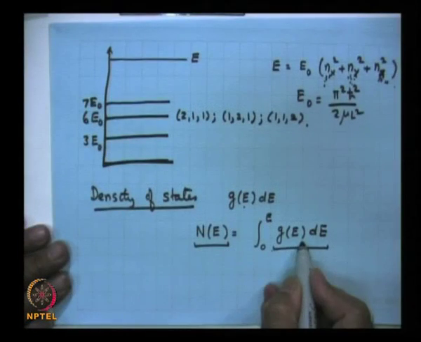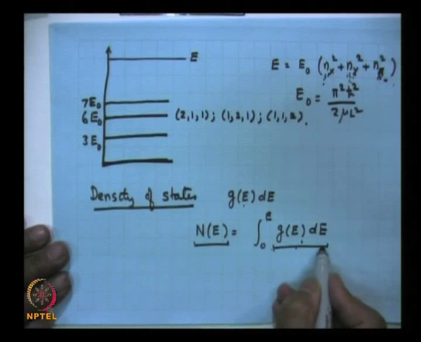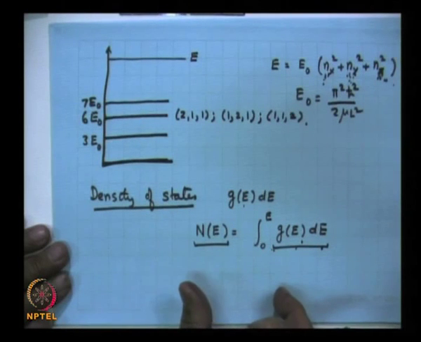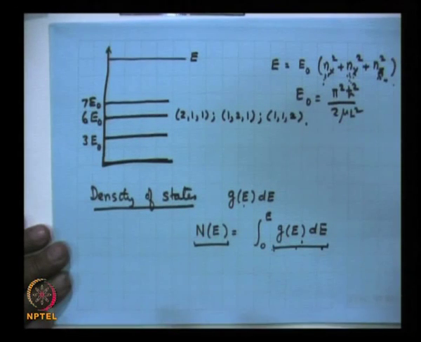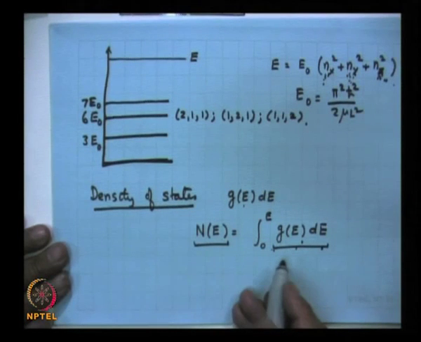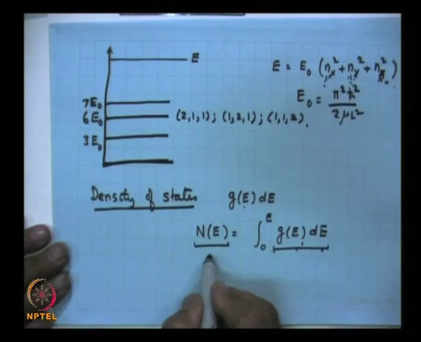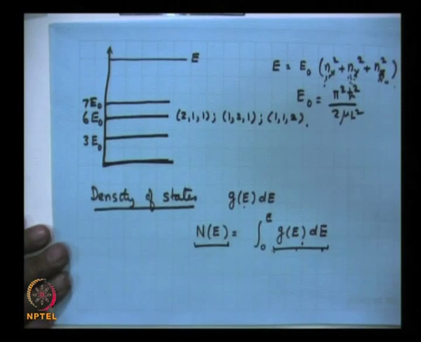G of E represents the density of states, so that G of E d E represents the number of states whose energy lies between E and E plus d E, and n of E will represent the total number of states whose energy is less than E.